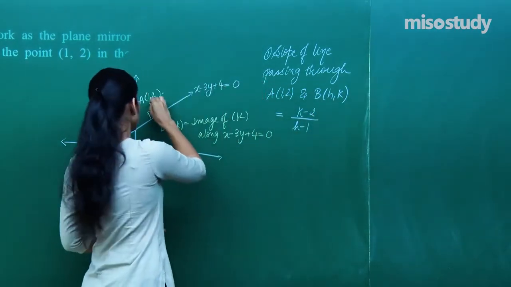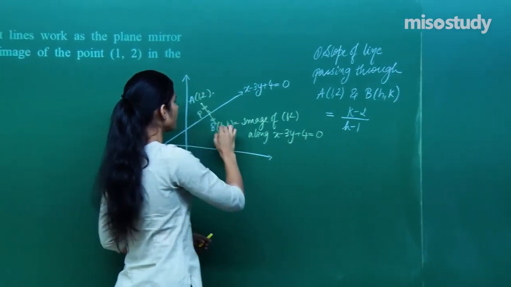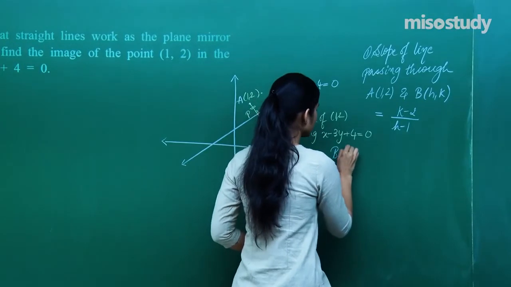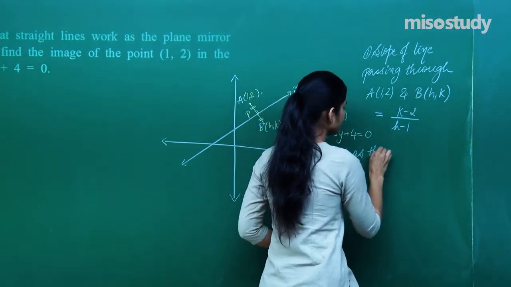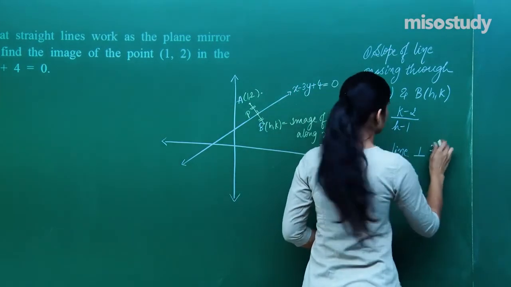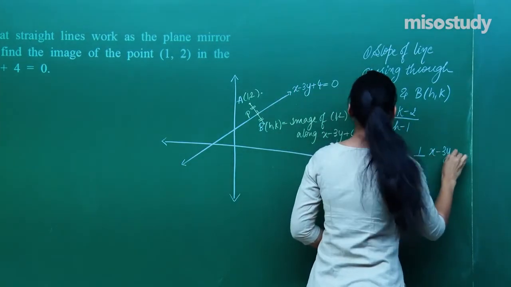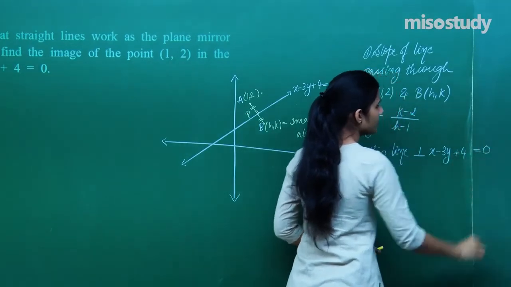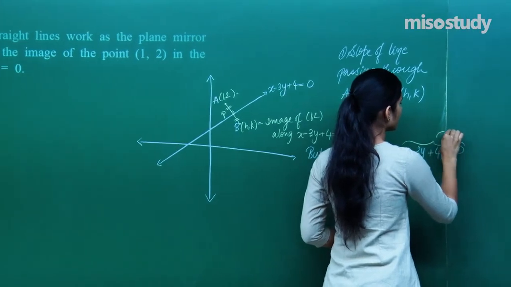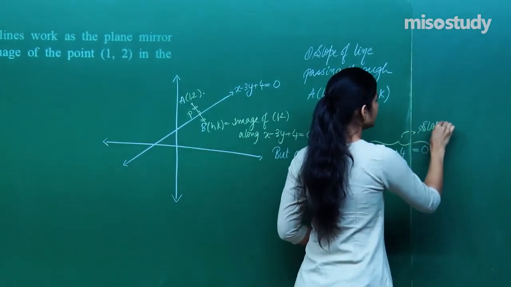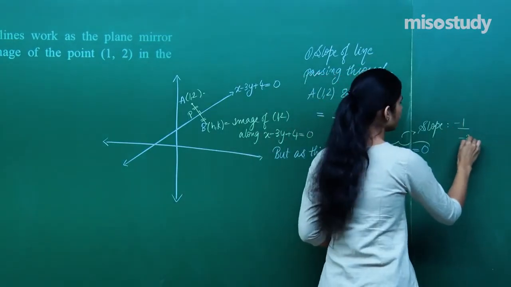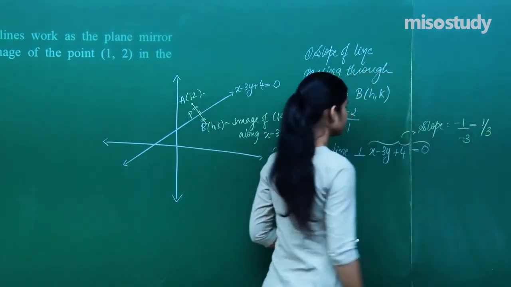But because this line which is passing through A and B is going to be perpendicular to the given line x minus 3y plus 4 equals 0, that means what is the slope of the given line? Slope of this line is given by minus a by b, minus coefficient of x upon coefficient of y. This is 1 by 3.